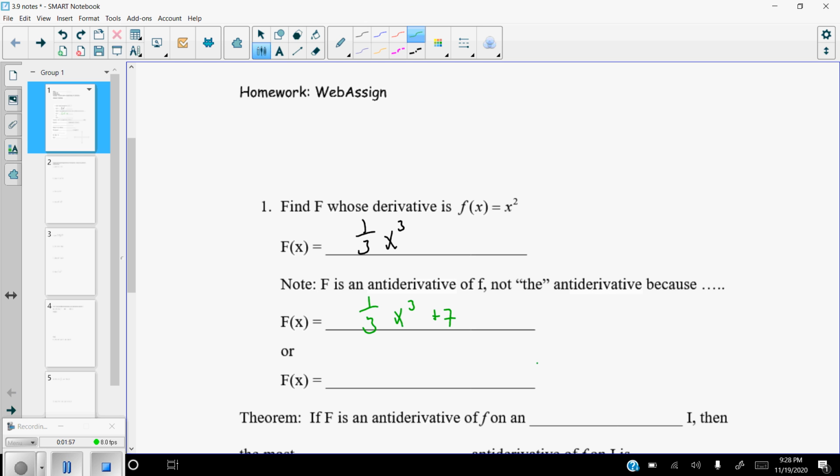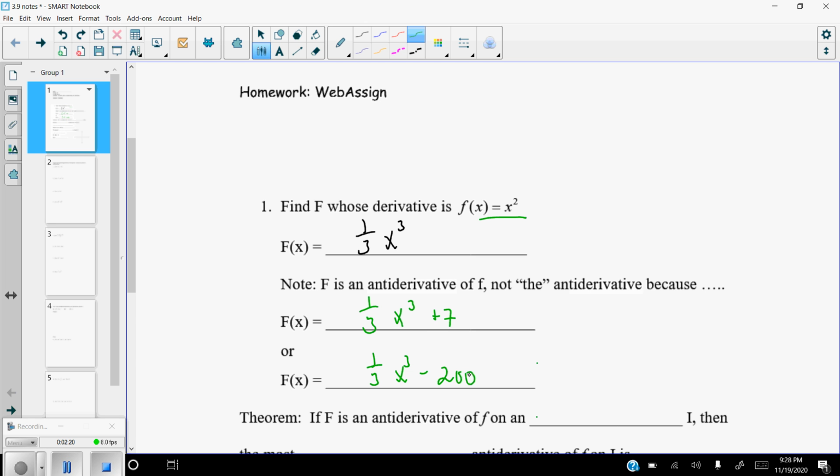If you take the derivative of 1/3 x cubed plus 7, don't you still get x squared? Maybe capital F of x was 1/3 x cubed minus 200. If you take the derivative of that one, don't you still get x squared?